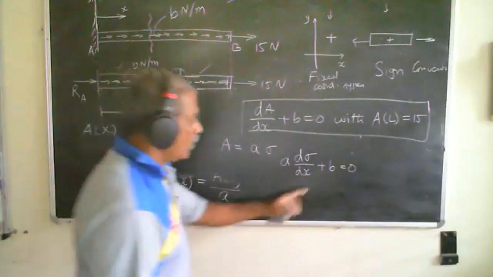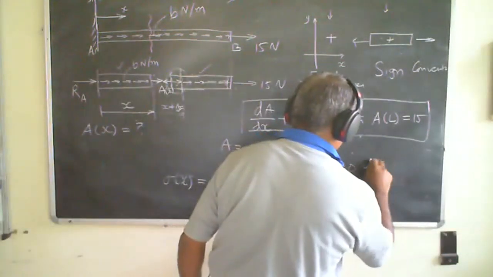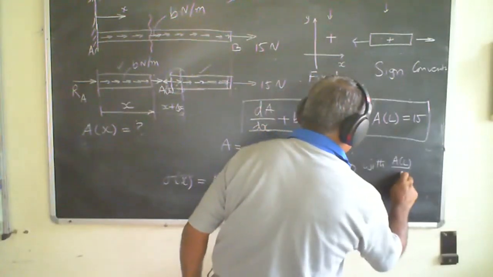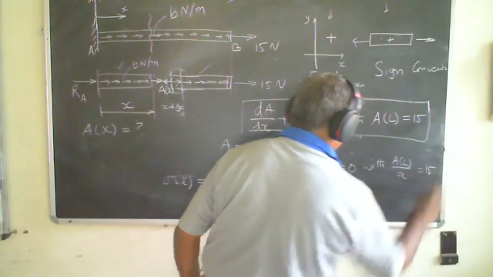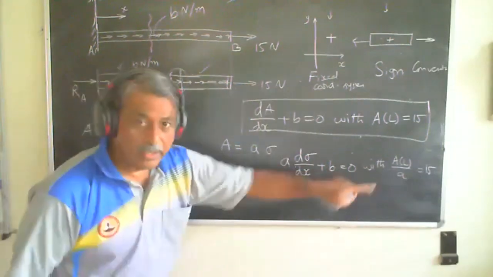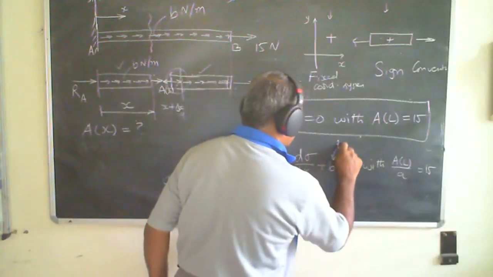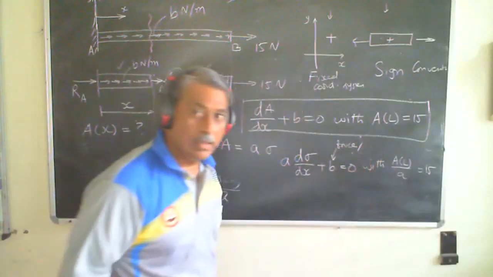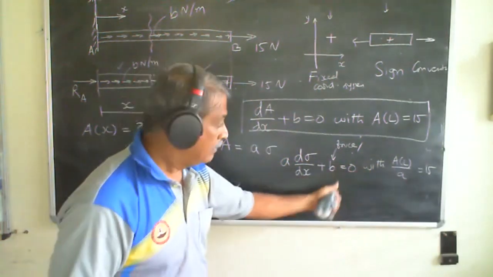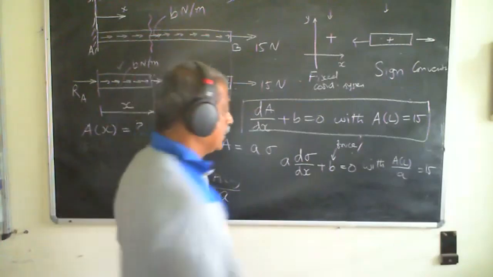Right? What is B here? With A at L divided by a is equal to 15. Okay. So this is something that I can do. Correct? What is B? B is force per unit length, right?